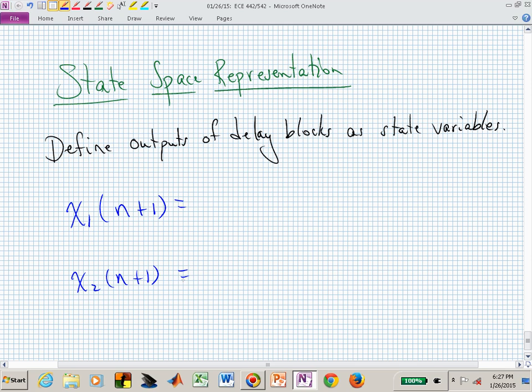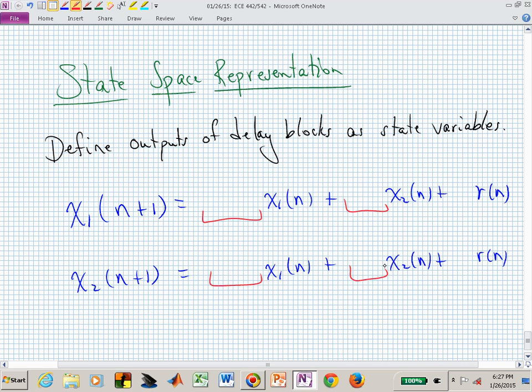And I need those to be functions of x sub 1 of n, x sub 2 of n, and r of n. Meaning I'm now looking for these coefficients. And that will be a state space representation of a second order system corresponding to that second order difference equation.